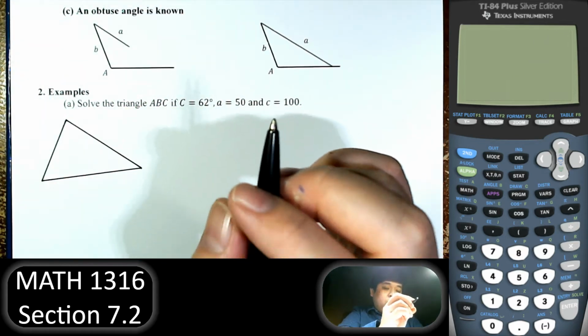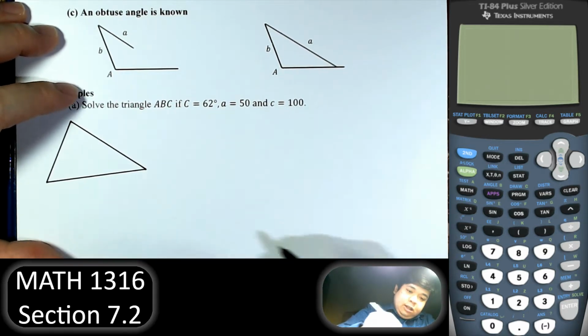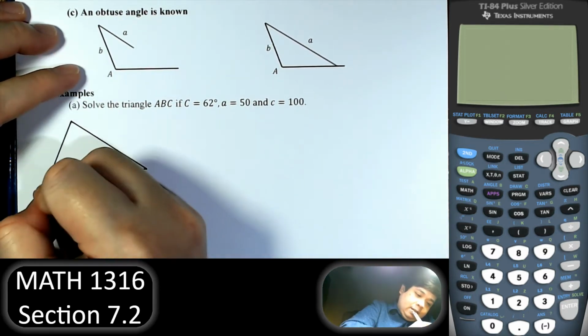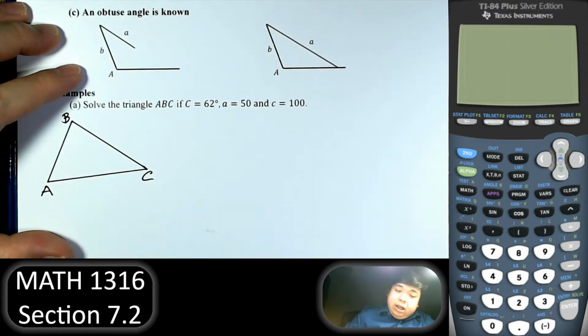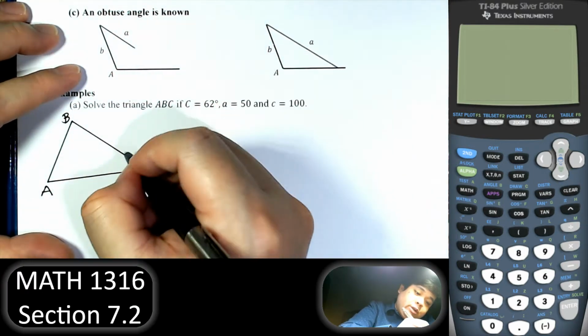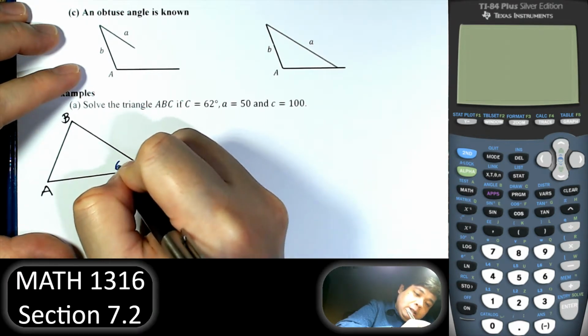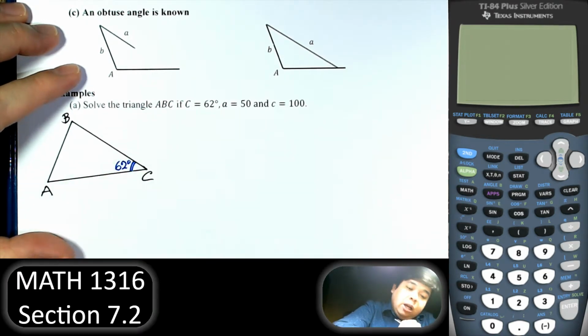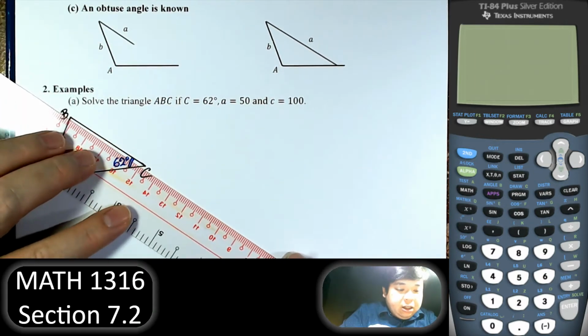In this triangle, we have A, B, C. Angle C is 62 degrees. We know side a, which is opposite angle A, is 50.